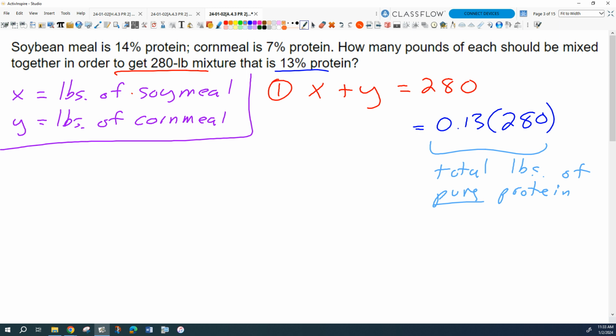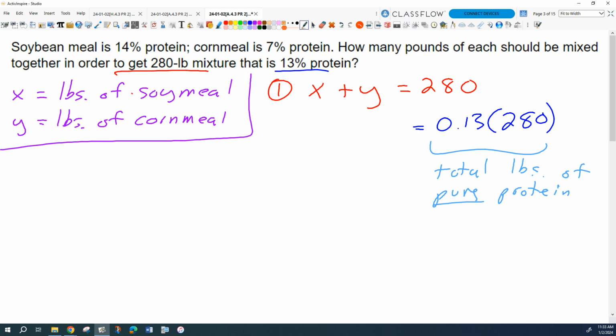Okay. Well, what's the other part of this now? We want to create that mixture. We're creating it from soy meal that has 14% protein. So what's going to be the total pounds of soy protein? Not soy meal. The soy meal is only 14% protein. I want just the protein. Times what? No. Hang on.